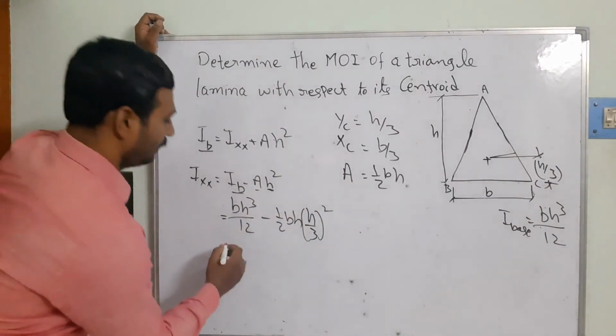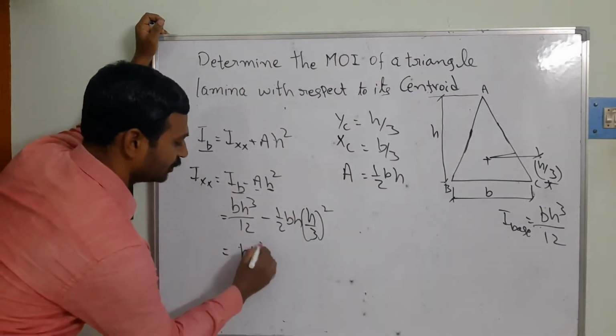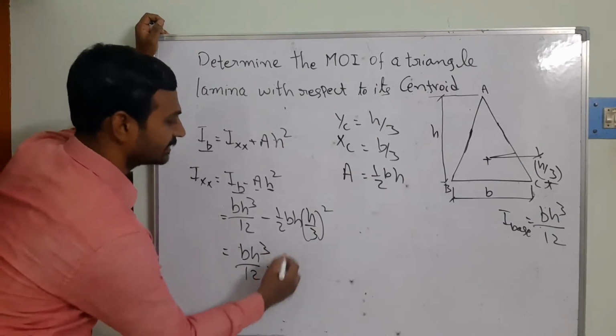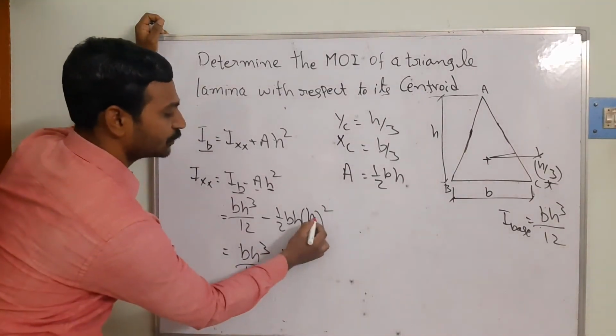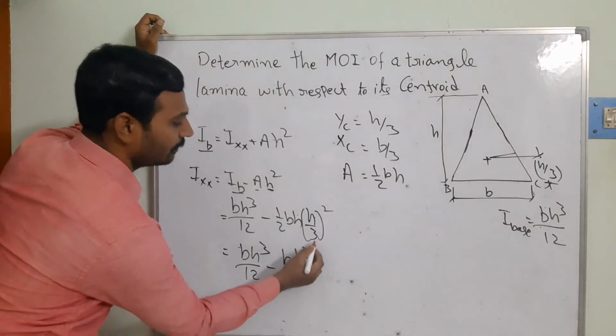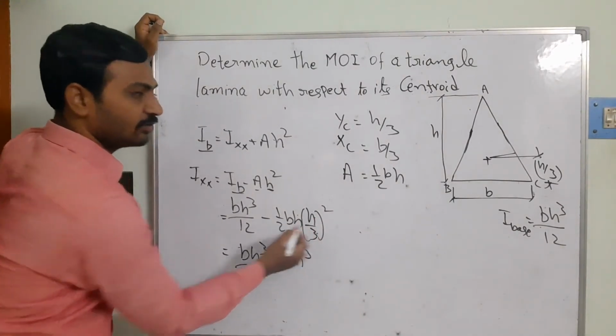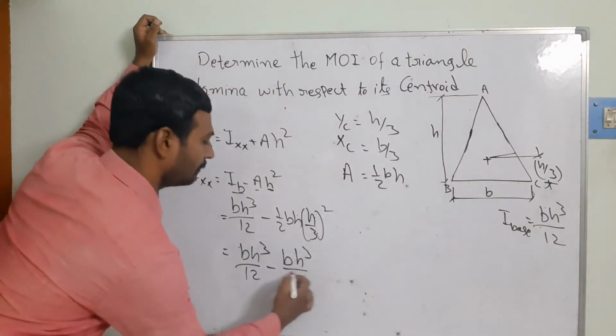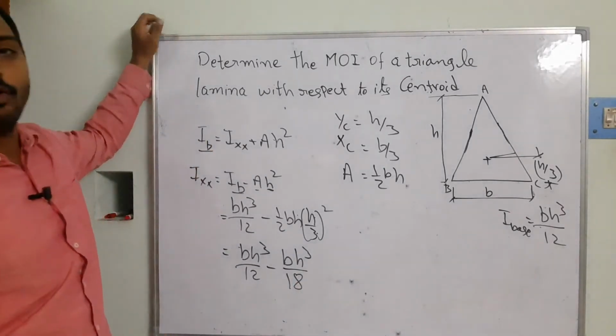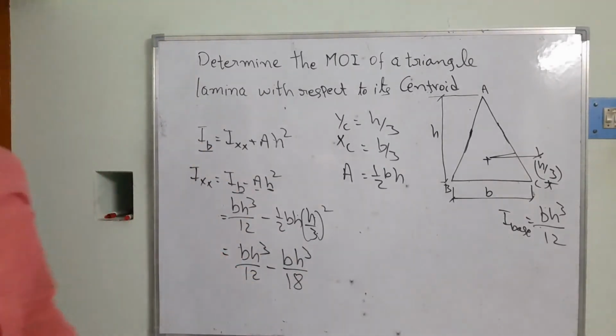If I simplify, bh cube by 12 minus b into h square into h, that is h cube, and here 3 into 3 is 9, into 2 is 18. So I am taking the LCM to simplify this part.